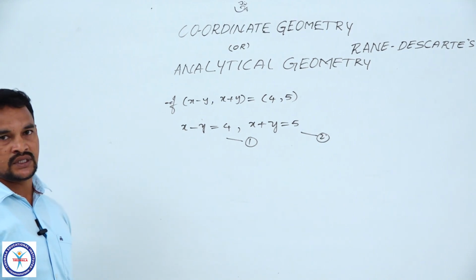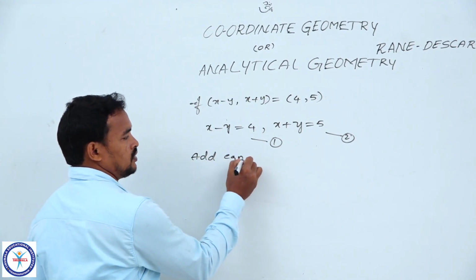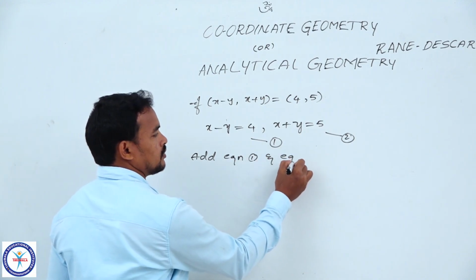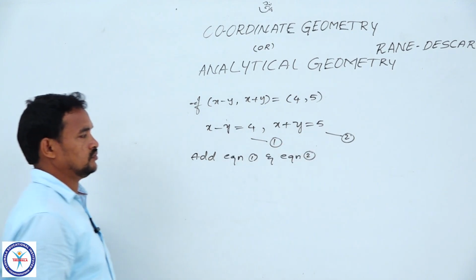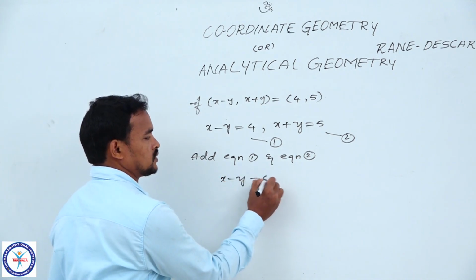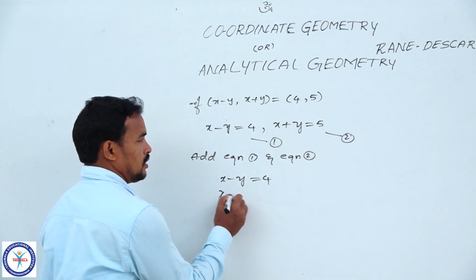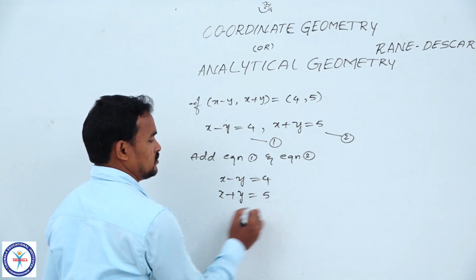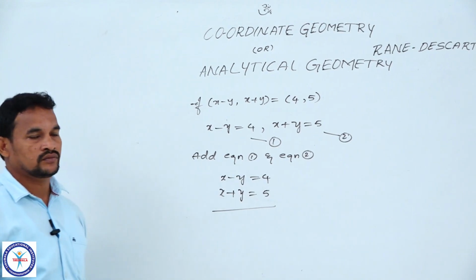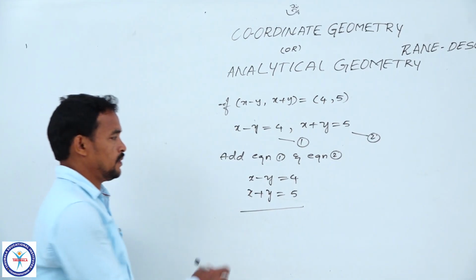Now add these two equations. Equation 1 is x minus y equals 4, equation 2 is x plus y equals 5. When these two are added, minus y plus y cancel and become 0.